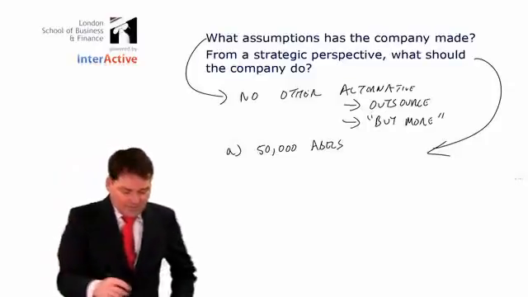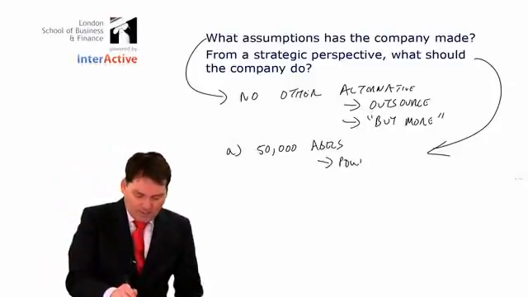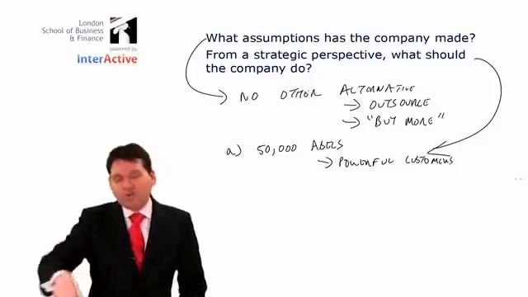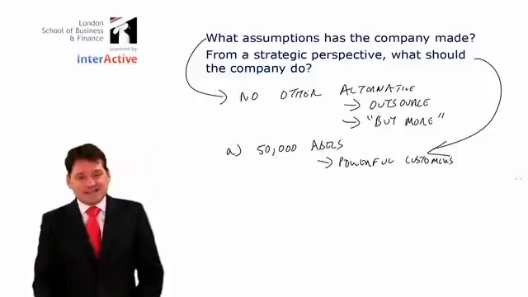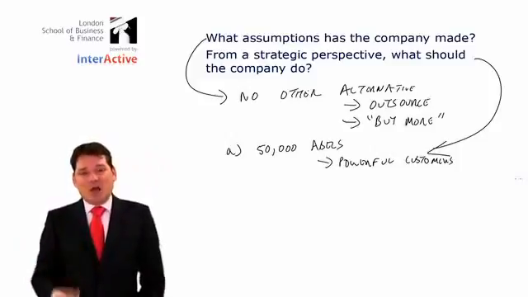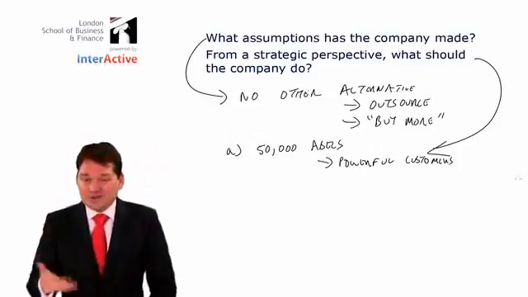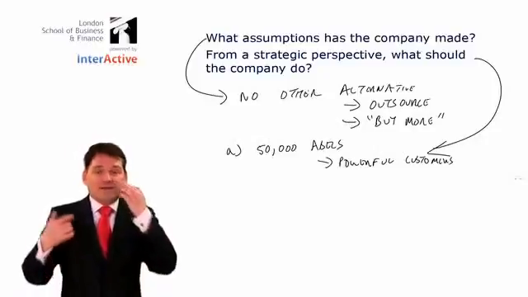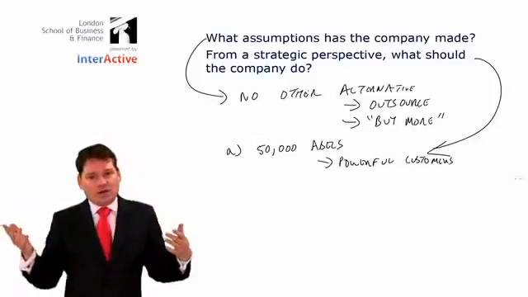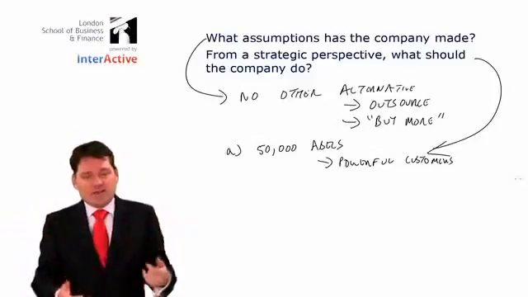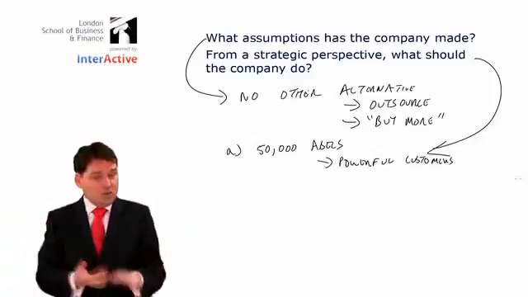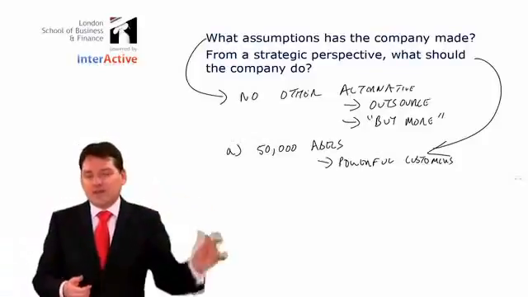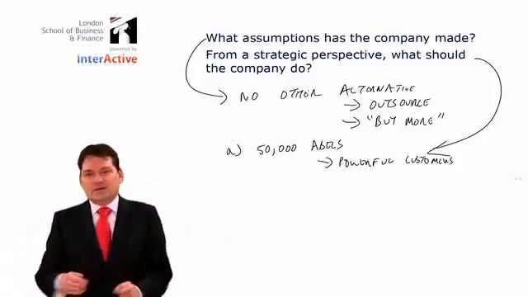Now, if you have, for example, powerful customers who will insist that you make at least some Bakers, well, then surely you've got to do what they want rather than what maximises your own contribution. Now, this is where you get an overlap between management accounting and strategy.